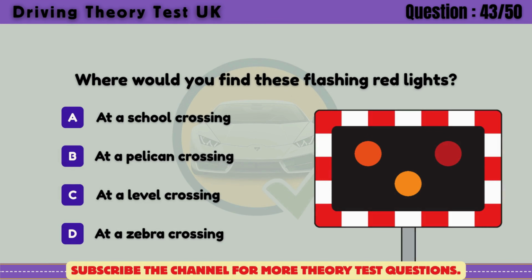Question 43. Where would you find these flashing red lights? Option A. At a school crossing. B. At a pelican crossing. C. At a level crossing. D. At a zebra crossing. Answer is C. At a level crossing.